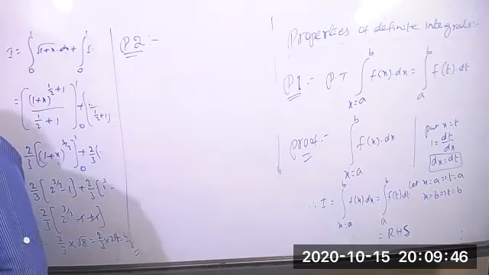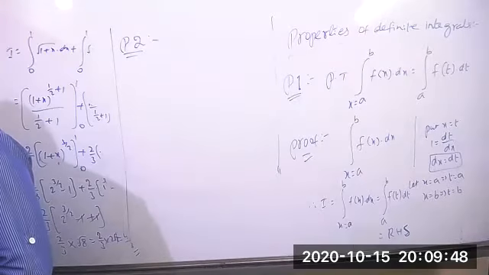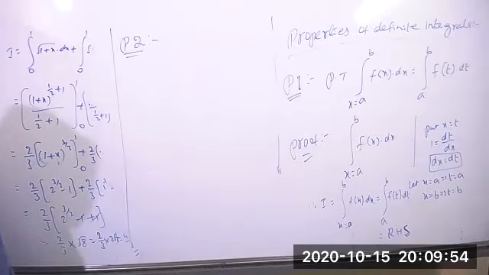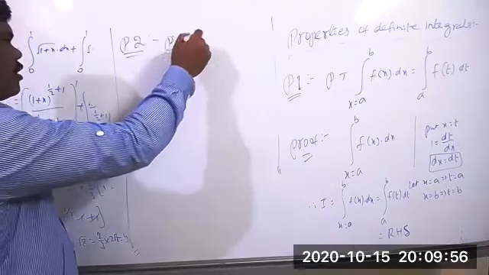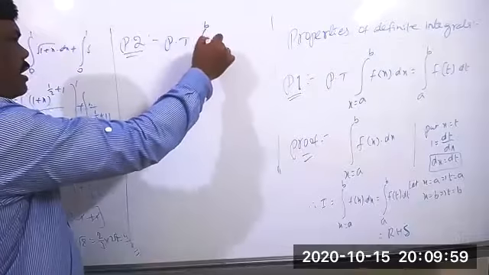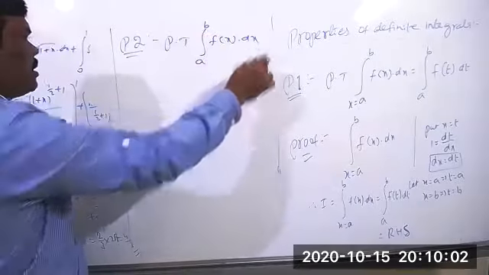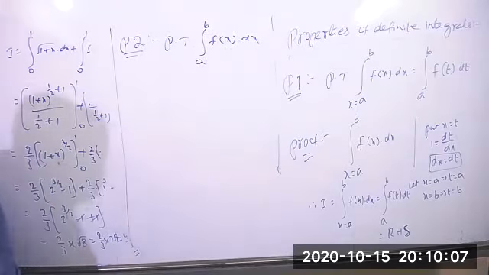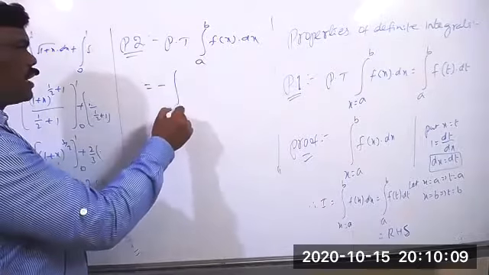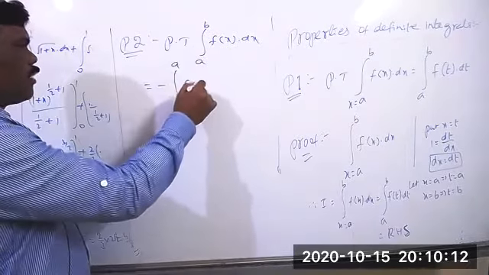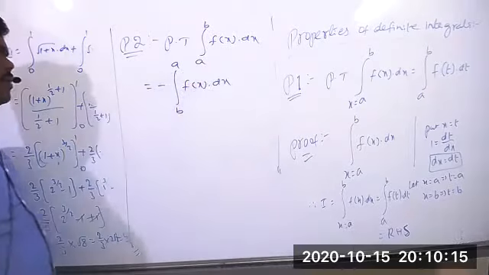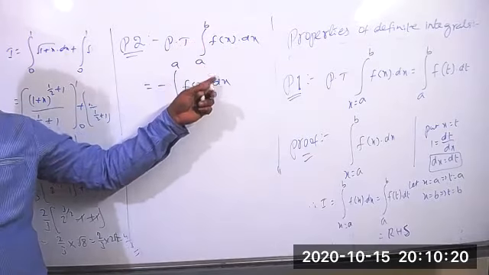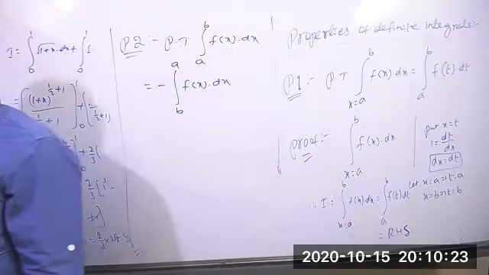Prove that integration a to b f of x into dx is equal to minus integration of b to a f of x into dx. That means when you are interchanging these two limits here, then clearly we will get minus outside.